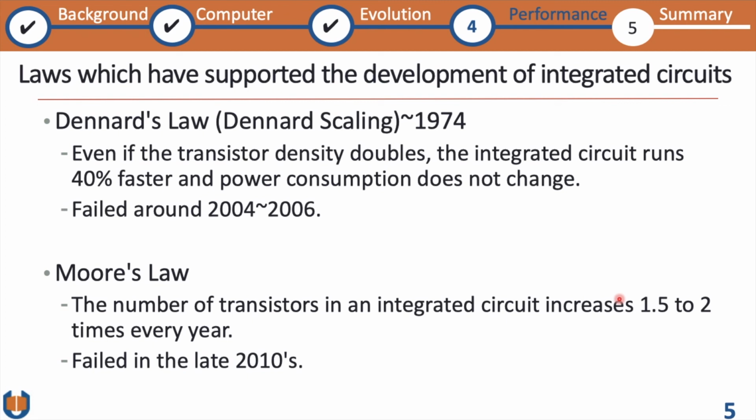But the prediction of the power consumption is no longer valid from 2004 to 2006. And another theory is called Moore's law, regarding the amount of transistors in an integrated circuit. It says that it becomes twice in every year. That is also not possible from 2010.